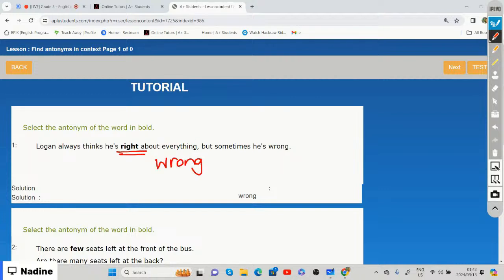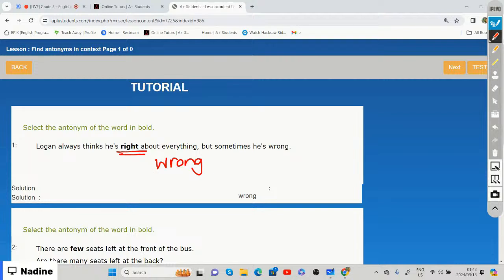So that is the opposite of the word, which is right. So we can say the opposite of right is wrong.